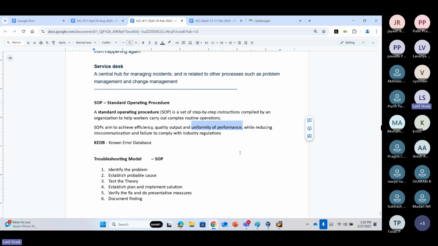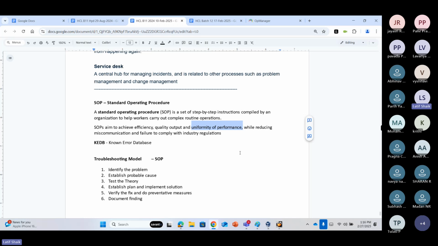Certain star hotels follow the same kind of thing. We don't know how it is possible, but they always follow the same kind of taste. So you don't worry. Whether this branch or that branch, this time or that time, anytime it's the same. That is uniformity of performance. We don't know who the cook is or where he came from, but we get the same kind of quality, good or bad, whatever it is.